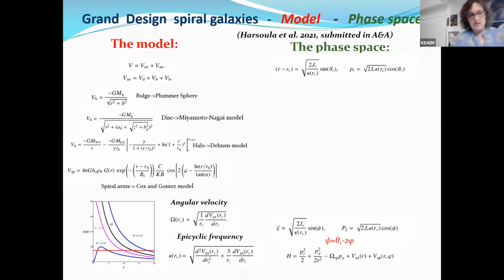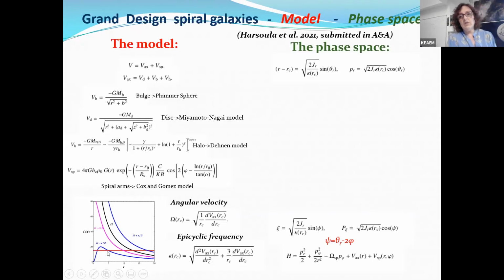In order to find where this density wave is located, we must locate the main resonances of the potential using this figure, where we plot the angular velocity Omega of the circular orbits of the axisymmetric model, the epicyclic frequency kappa, and the combination between the two of them. For example, for a certain pattern speed, which is the red horizontal line, we find the crossings of this horizontal line with the curves of Omega minus kappa over 2, and there we can locate the inner Lindblad resonances.